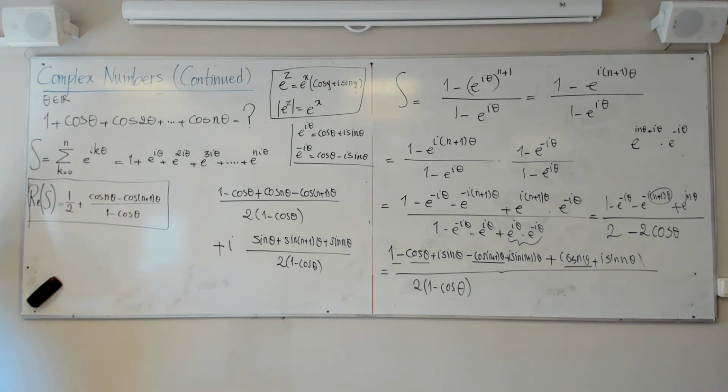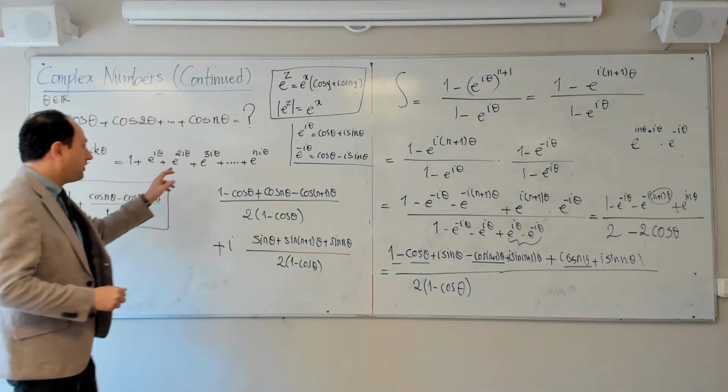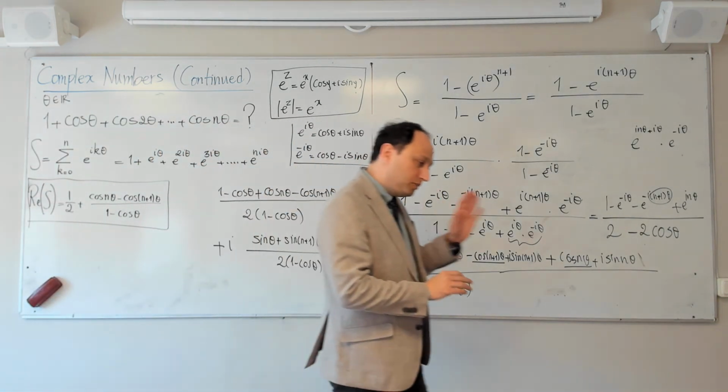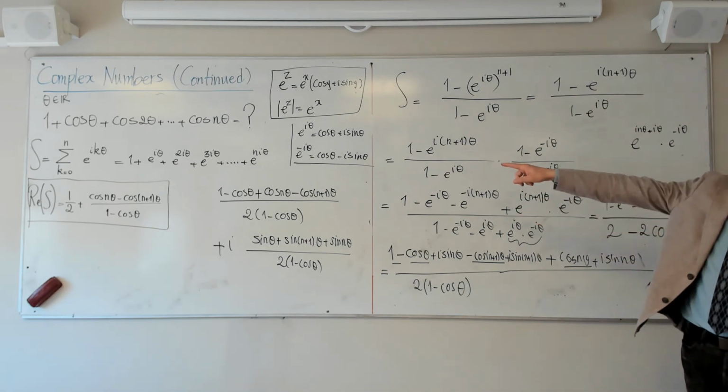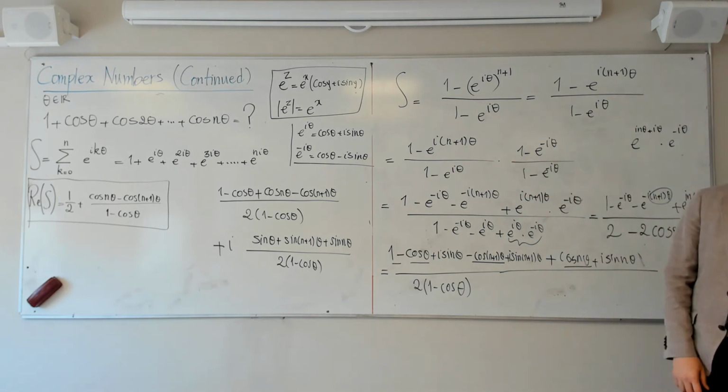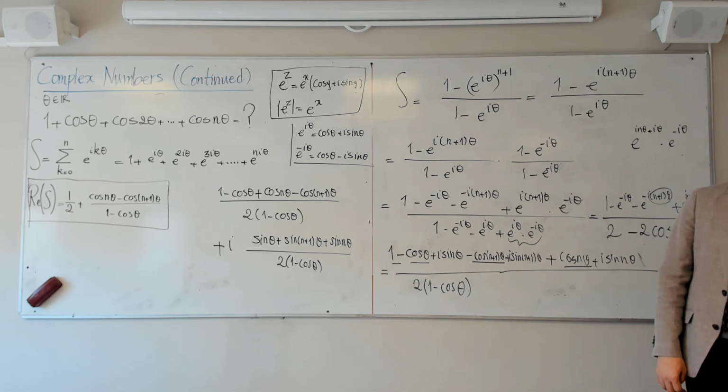Because if the answer to this question is yes, the real part that I calculated in this way and the real part that you calculate in a different way should be the same thing. Is that understandable? So can you find another, completely different way? By the way, it's the simplest possible way to find the real part of S. How do you find the real part of S?